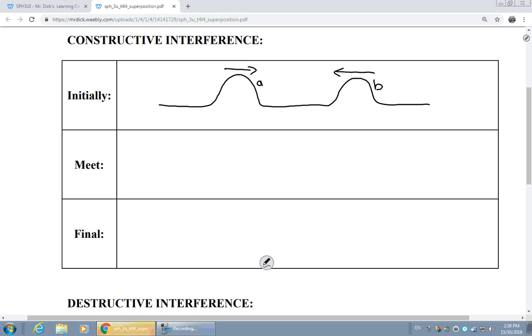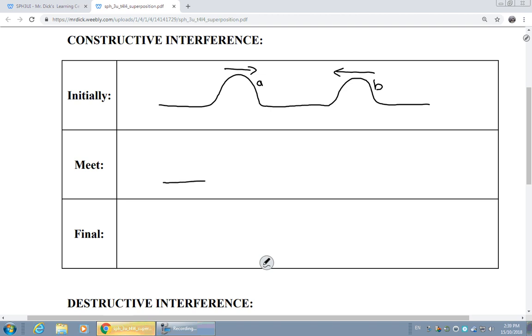Because each one individually has its own energy, and the amount of energy that each pulse has determines how large its amplitude is, when they overlap, the amounts of energy that each pulse had will add together. And so what we'll end up seeing is one larger amplitude that's really a combination of both of the original amplitudes. It should be twice what the original amplitude was.